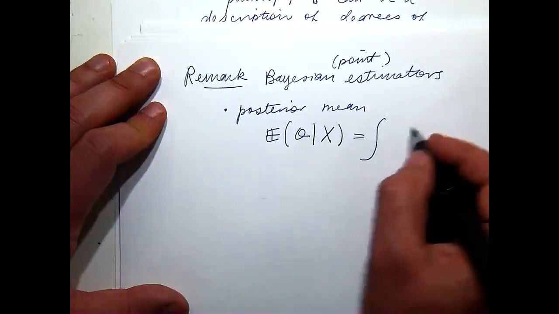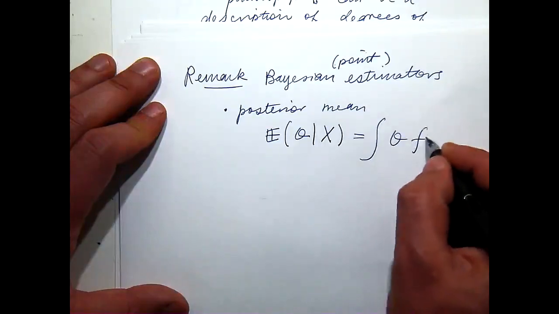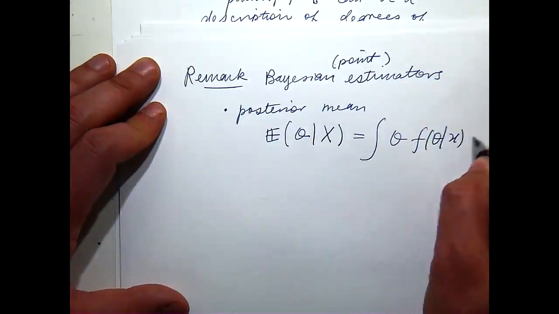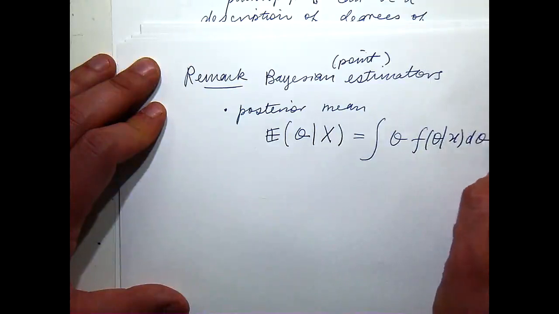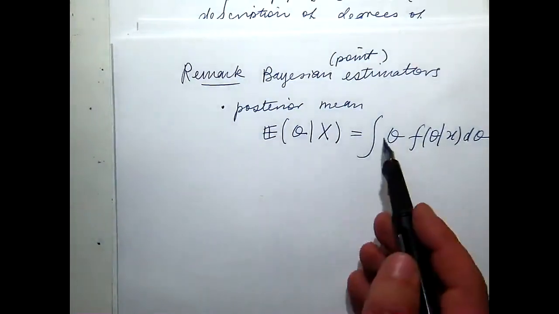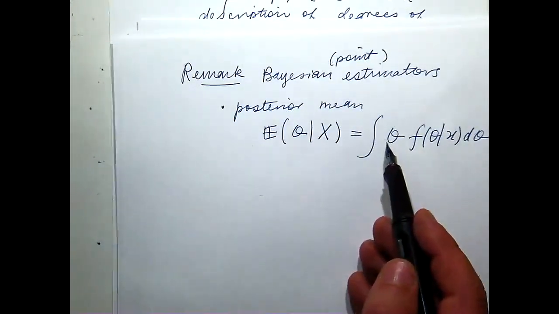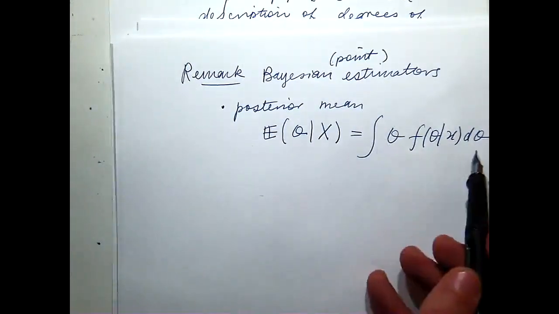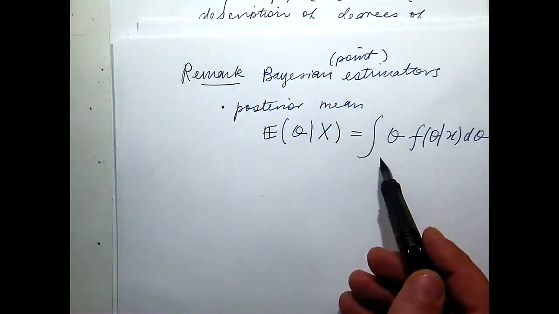You just integrate theta times the posterior density d theta, right? You can calculate that. You get a posterior density. To do this, you'd have to make sure to put the constant in. When you do it proportional, for that actually to integrate to the right thing, you have to have the correct constant. So put it in.